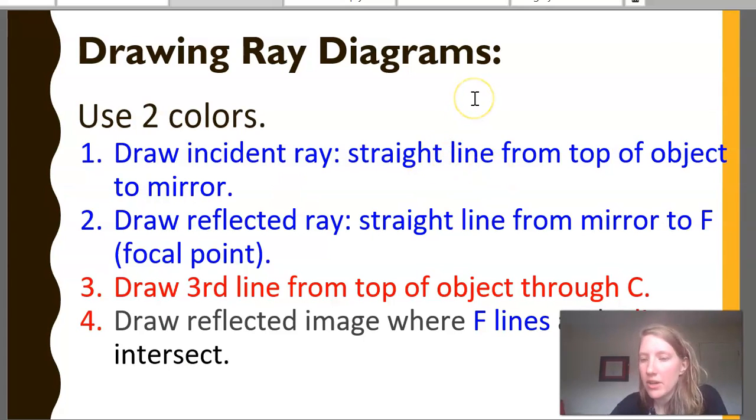So drawing the ray diagrams, it's just like with the concave mirrors. I'd suggest you use two colors until you're more familiar with these and you aren't making any mistakes. Your first color will be the line that will go from the top of the object straight to the mirror, and then through F, the focal point.